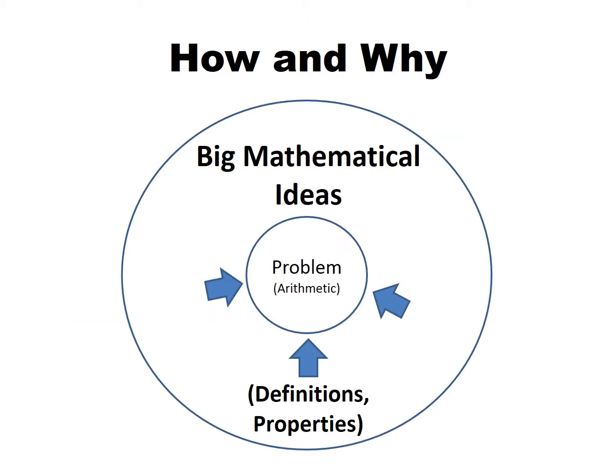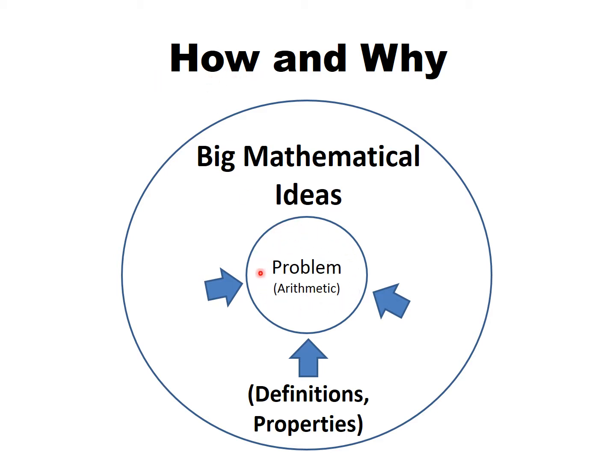And so this goes back to an idea that we saw back in chapter 1, the difference between how and why. And so I've got a problem here which involves just arithmetic, namely adding 12 and 16. If I stay within that problem, then all I'm doing is explaining how to solve the problem. And that's not what I want to do.